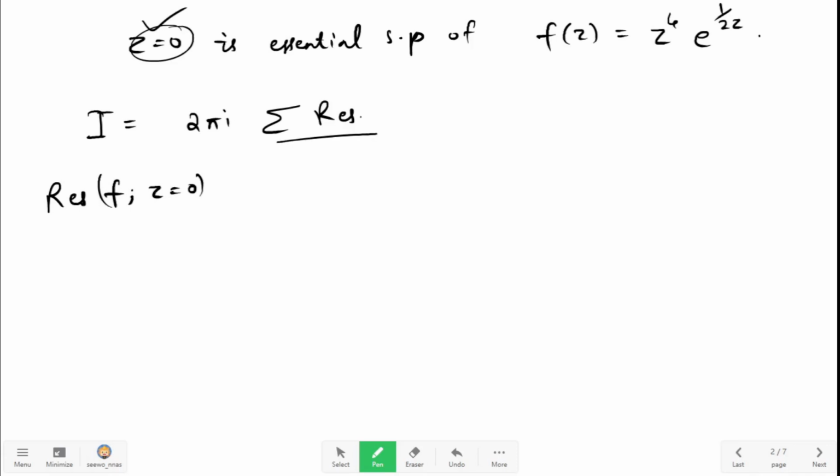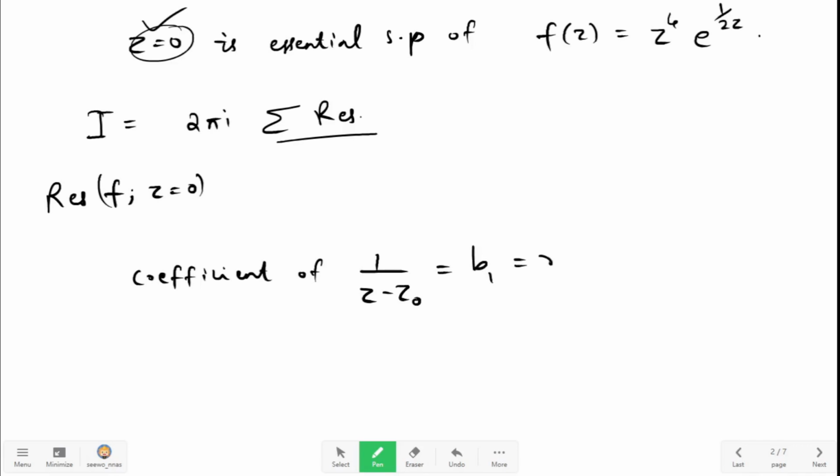Now to calculate the residue at a singular point which is essential, what we do is we do the Laurent series expansion and then take the coefficient of 1 by z minus z naught. This coefficient is also written as b1.